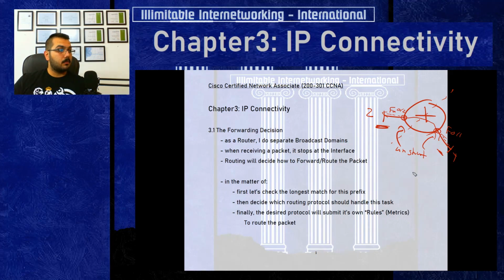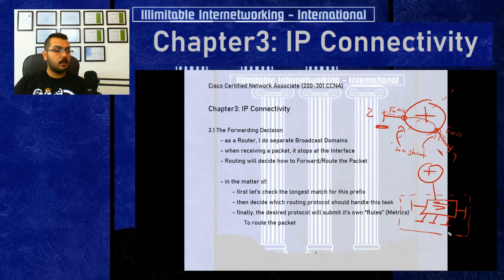Okay, but the good thing is that when I have a router and this single interface of a router is connected to a switch, and these switches have some end devices connected to them, this is a broadcast domain. This is an entire network alone.